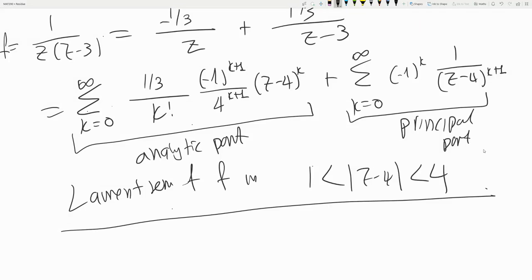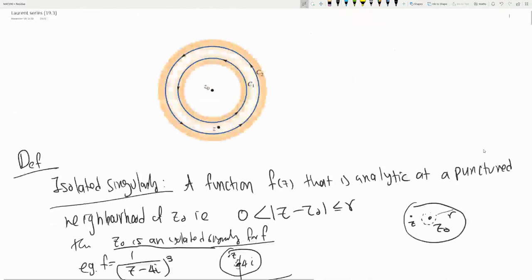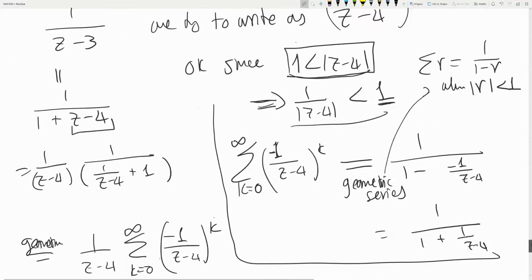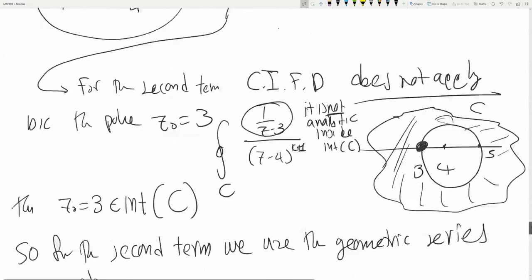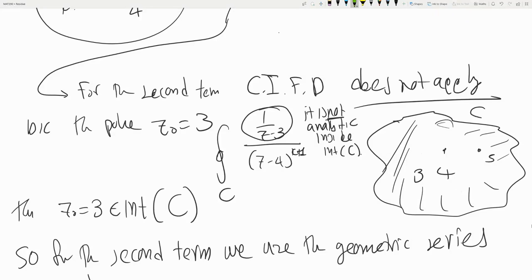The reason this is different is because we cannot apply the Cauchy integral formula. This is similar to one of the examples in the book. The pole 3 is inside here.